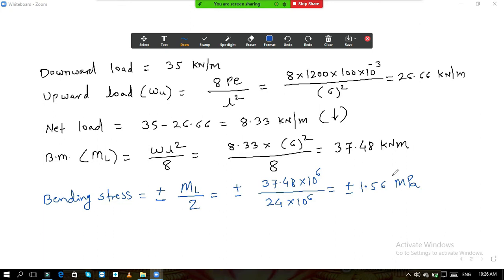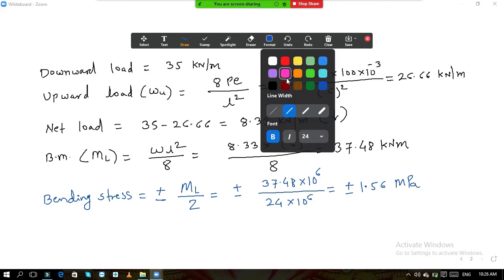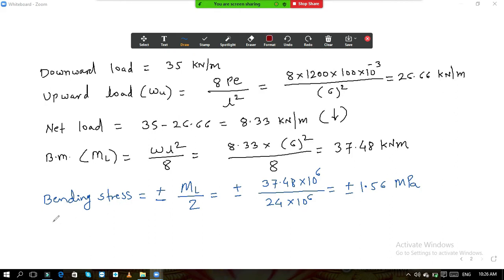So now similarly we will calculate the bending moment due to dead load. So now dead load calculation. So dead load, that is the self weight of the beam. Dead load DL is equal to, we know the cross sectional dimension, so we will assume 1 meter span. Per meter we will calculate the dead load.